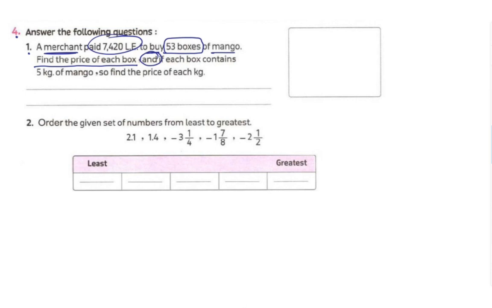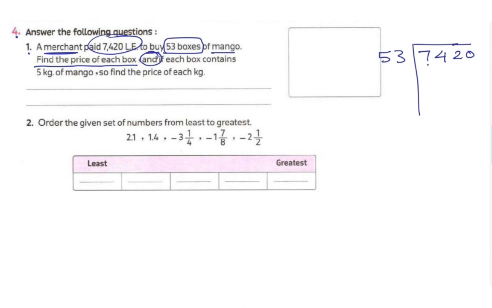Okay, like that. I will use long division: 7,420 divided by the number of boxes, 53. Let's go. I need to divide.